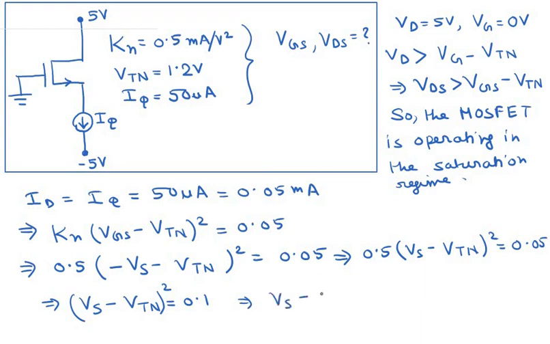So Vs minus Vtn should be equal to plus minus root over 0.1, which is equal to plus minus 0.316 volts. Now Vs is equal to plus minus 0.316 volts minus Vtn.